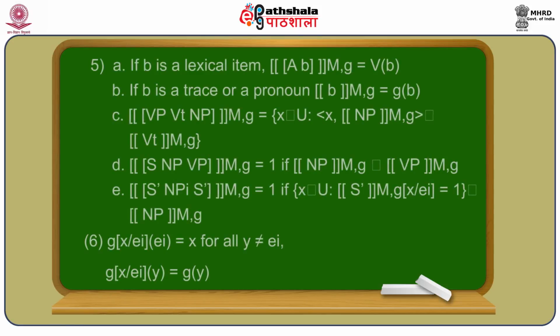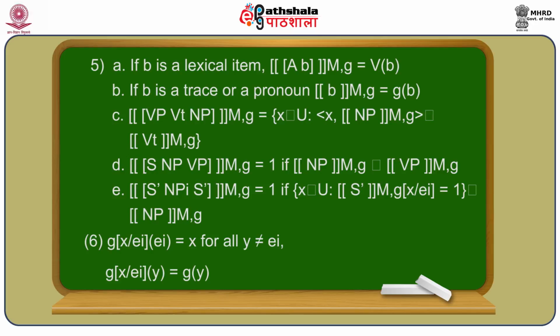What are our other rules of semantic composition? We can see this in 5. If beta is a lexical item, the semantic value of beta with respect to M, g is whatever the valuation function V assigns to beta. If beta is a trace or a pronoun, the semantic value of beta with respect to M and g is whatever g assigns to beta.